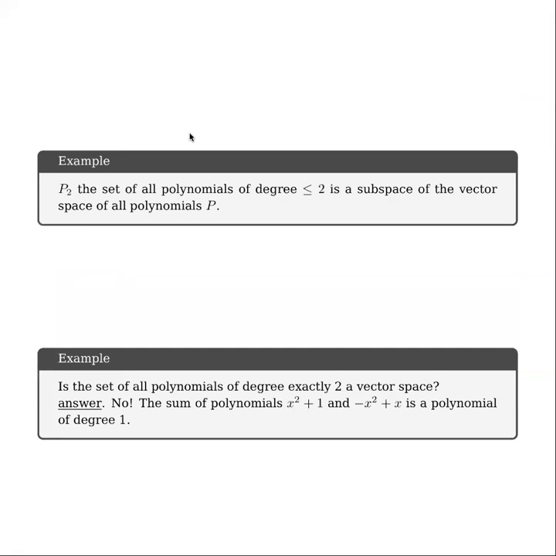Now in the last section, we have seen that P2, the set of all polynomials of degree less than or equal to 2, is a vector space. We talked about this. And we have also talked about the vector space P of all polynomials, regardless of the degree.